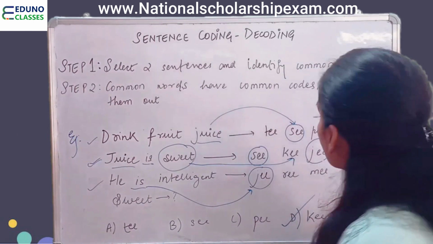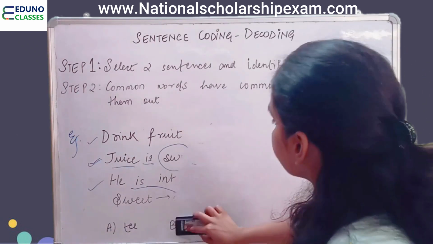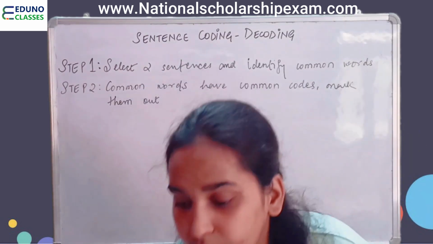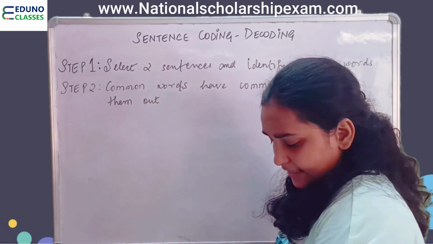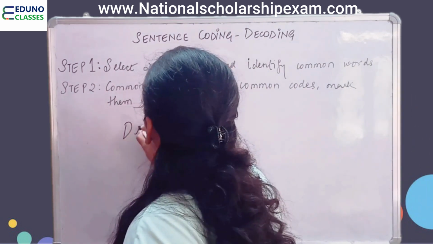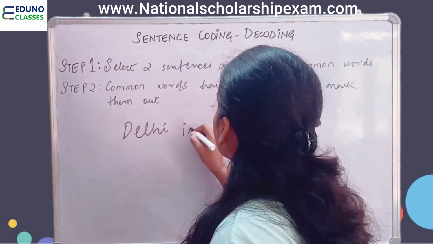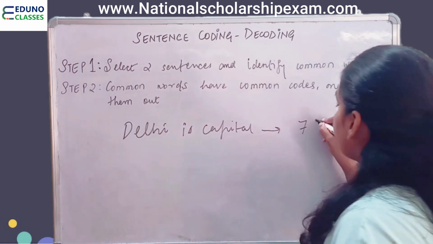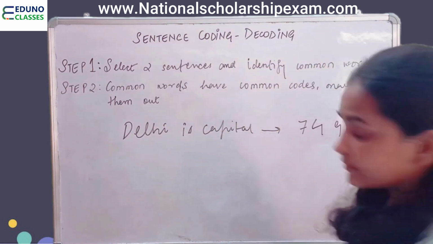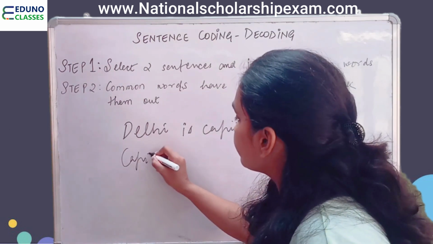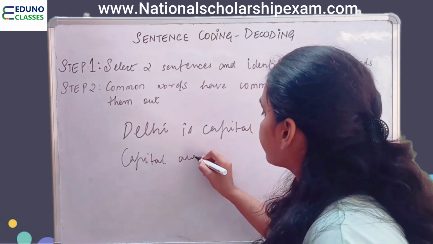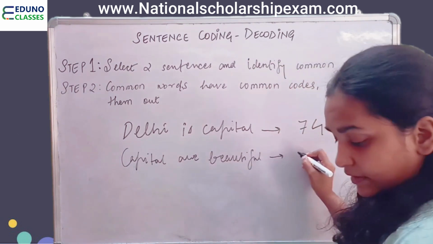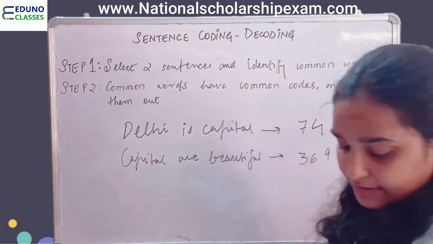Now let's solve another question. Delhi is capital is coded as 749. Capital are beautiful is coded as 369.